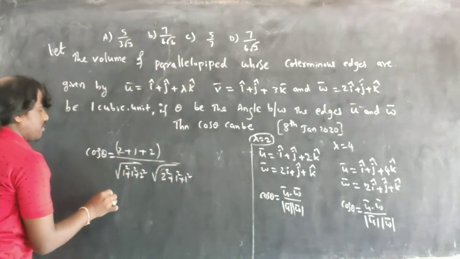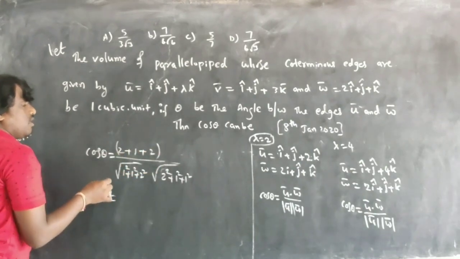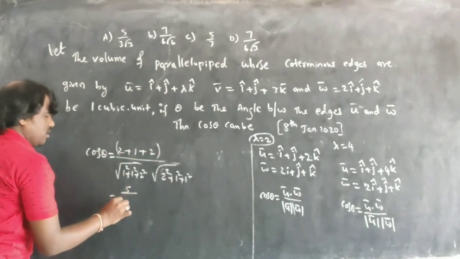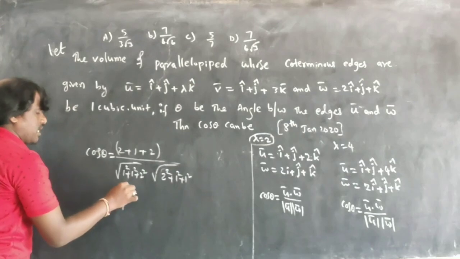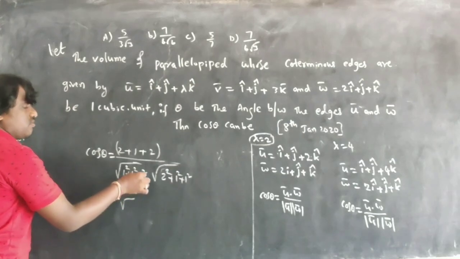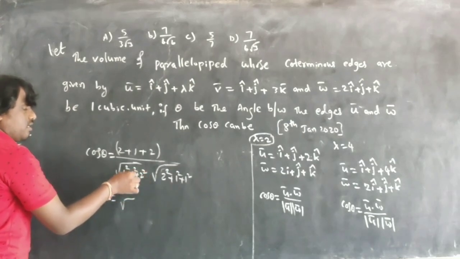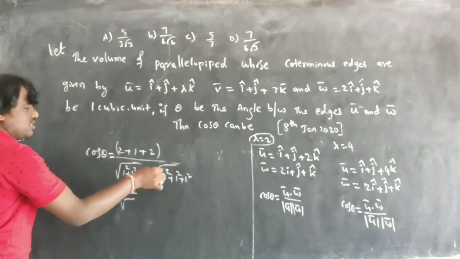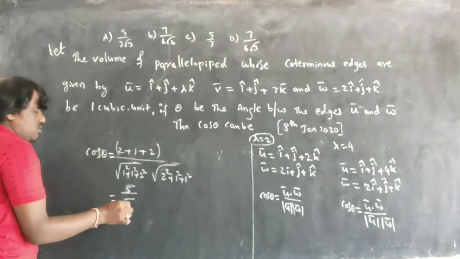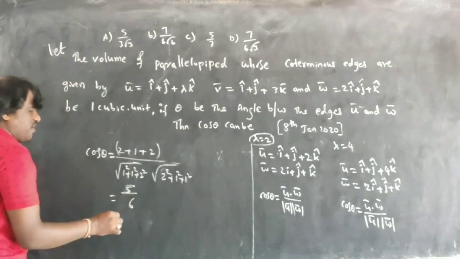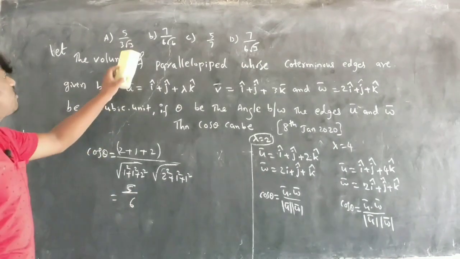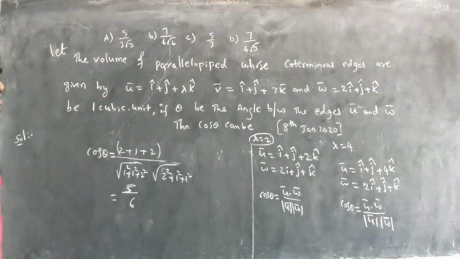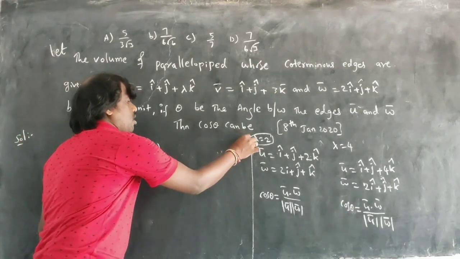So I get 5 upon root 6 into root 6, that is 5 by 6. Is there any option 5 by 6 here? No. It means lambda is equal to 2 is wrong.